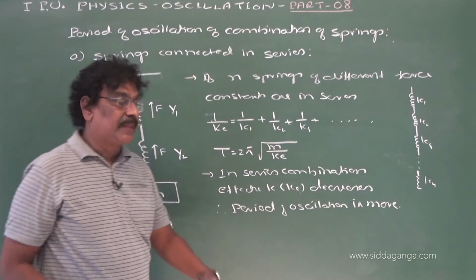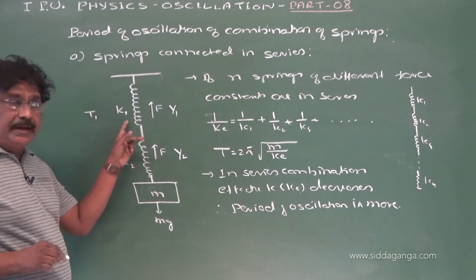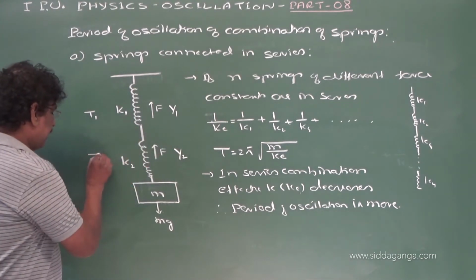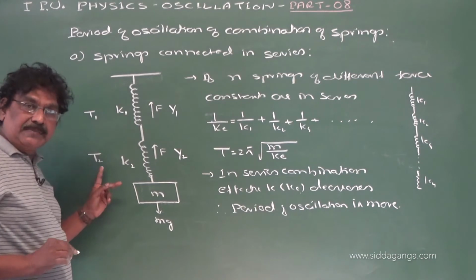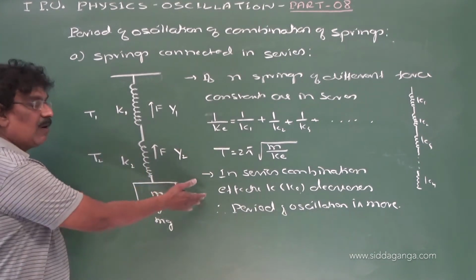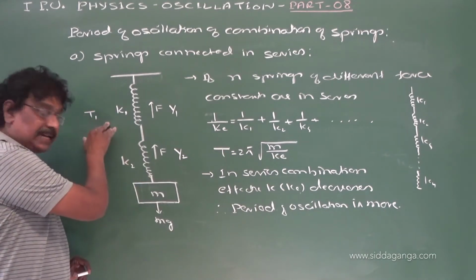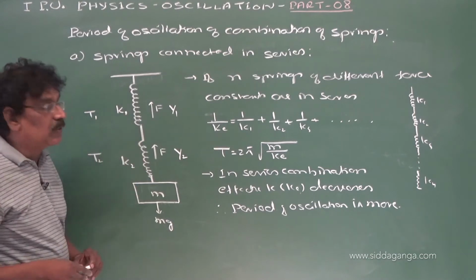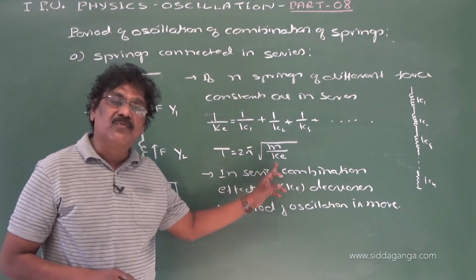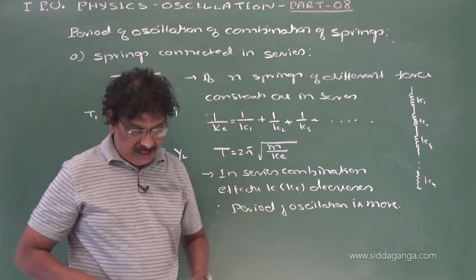That means if T1 is the period for single spring K1 and T2 is the period for single spring K2, then the T of the combination is more than T1 and more than T2, because it is inversely proportional to the force constant. As the force constant decreases, the period increases.